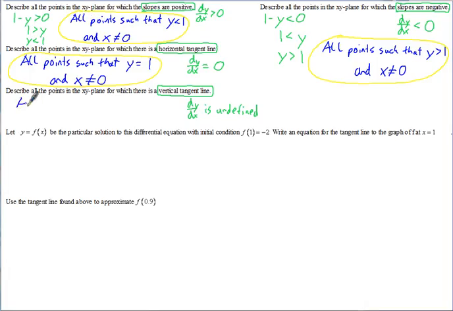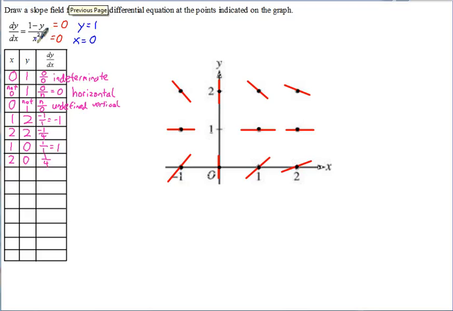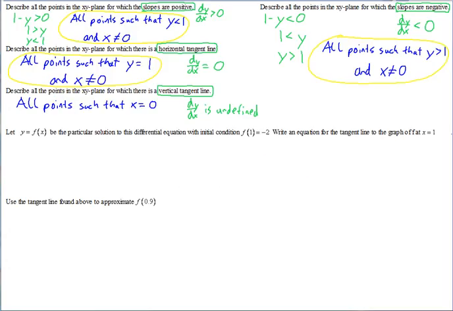You could say all points such that x equals 0. However, the denominator being 0 doesn't guarantee it's undefined, as long as the numerator is not 0 as well. Otherwise, 0 over 0 gives the indeterminate form. So I want to make sure the numerator is not 0, so y can't be 1.